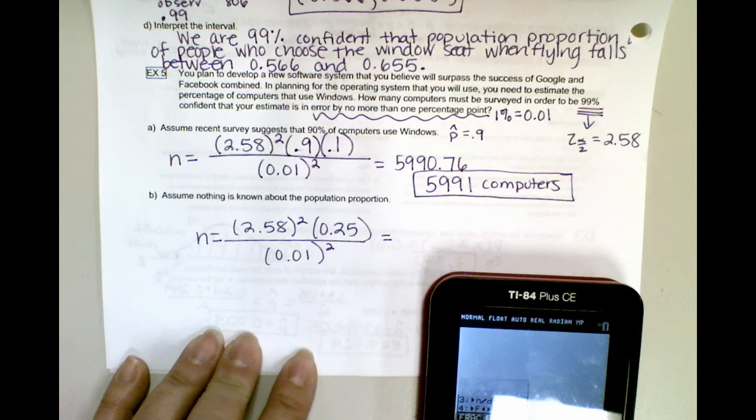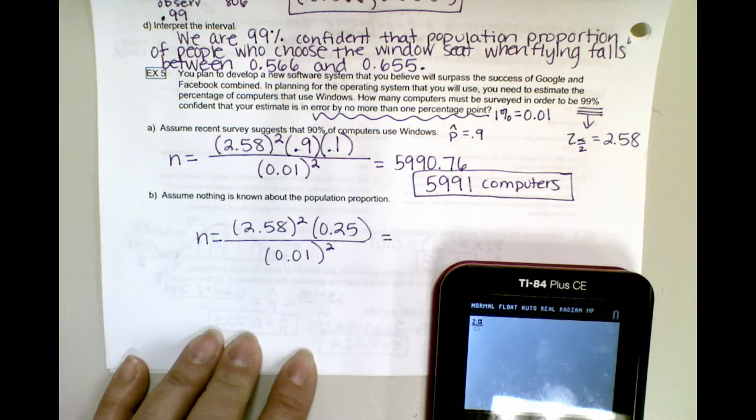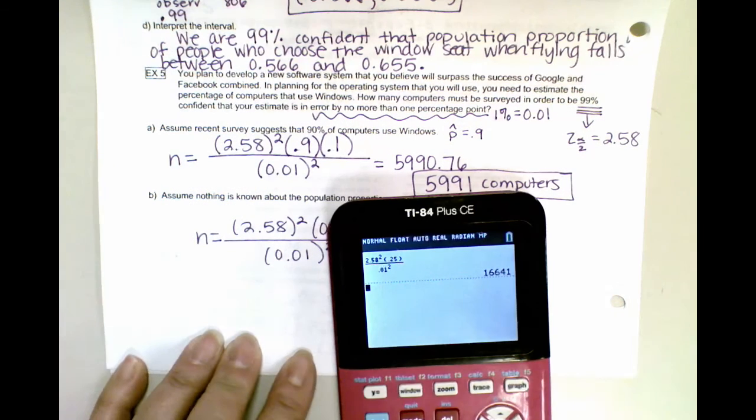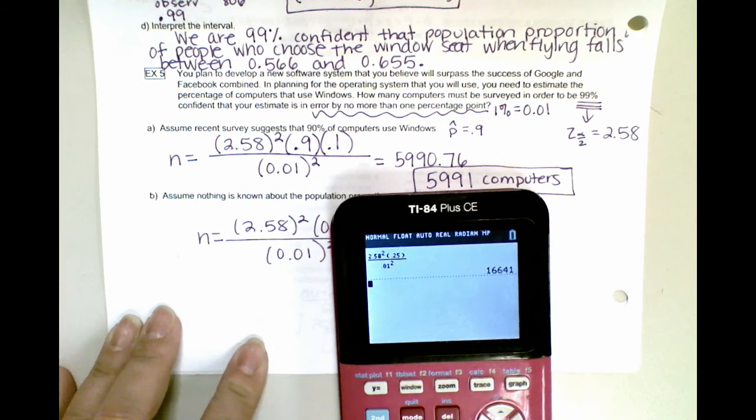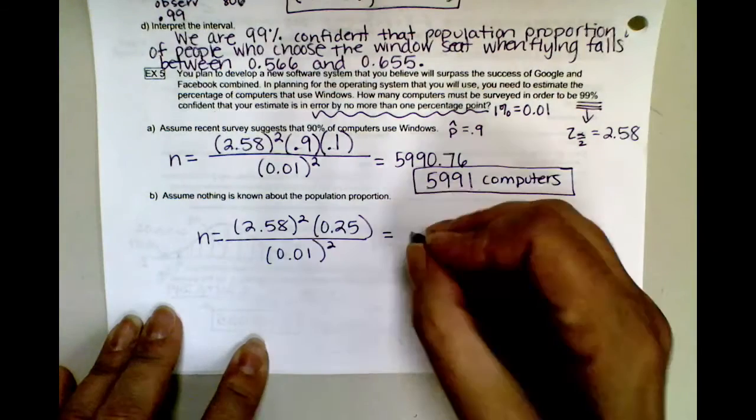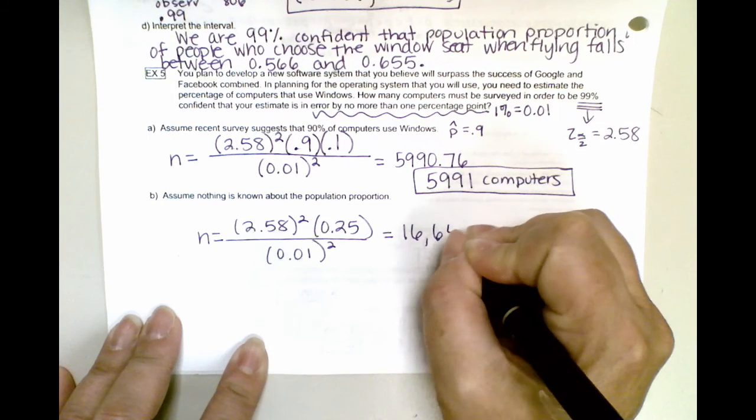So then when I type this in, for some reason I did not write exactly what this gives me. 0.25 and 0.01 squared. Oh, that's why. I thought I didn't write it. It's because it actually came out to a whole number. So that's why I didn't round, because it is a whole number answer, 16,641.